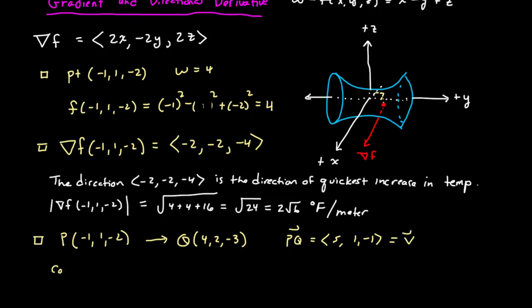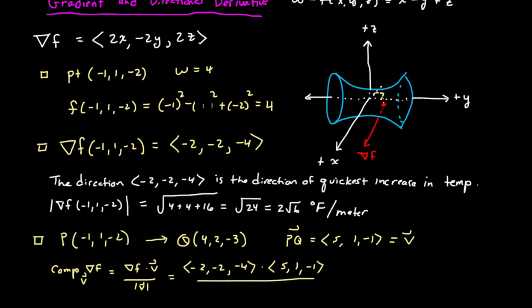So that's our vector v. So our directional derivative is the component of del f onto vector v, del f dot v over the magnitude of vector v. So we have del f at (-2, -2, -4), dot (5, 1, -1), all over the magnitude of that, which is the square root of 25 plus 1 plus 1.